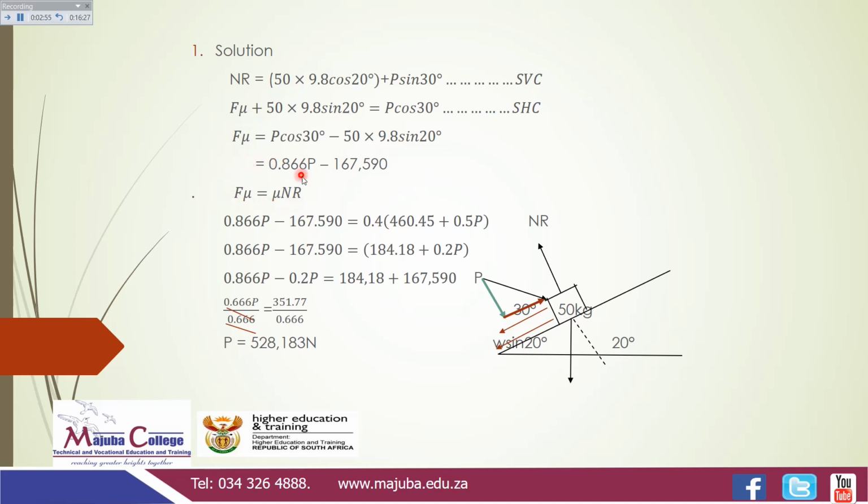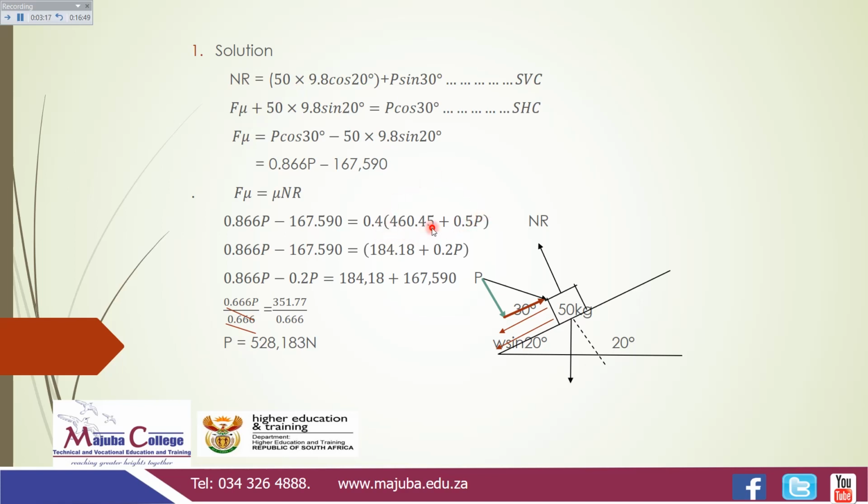Then we have to use the universal formula again. So instead of Fu, we'll just substitute 0.866P minus 167.590, which equals your frictional force. You were given the coefficient 0.4.